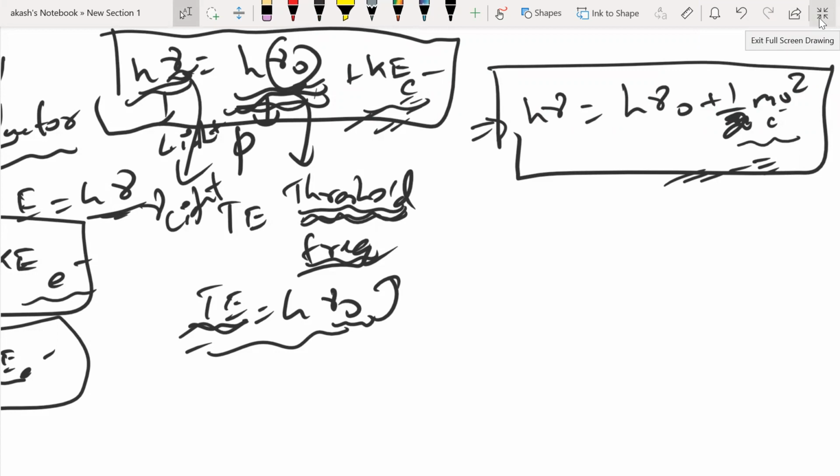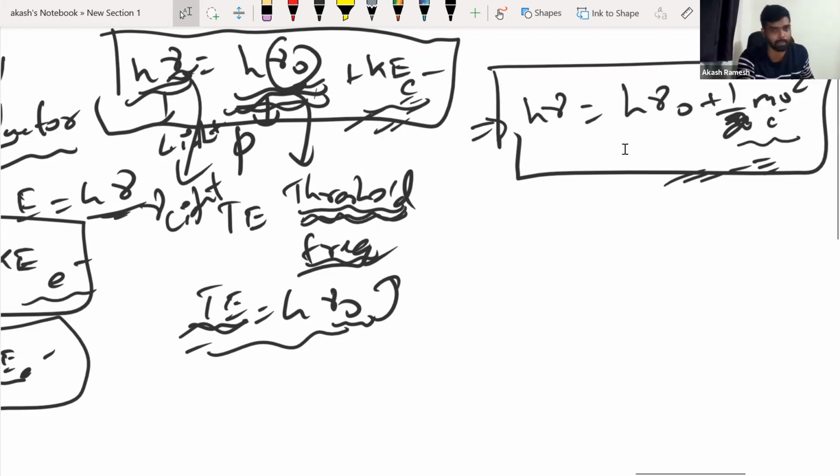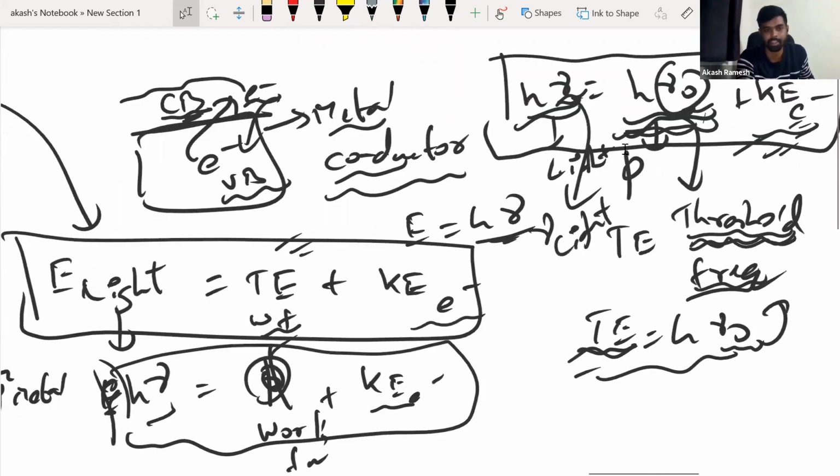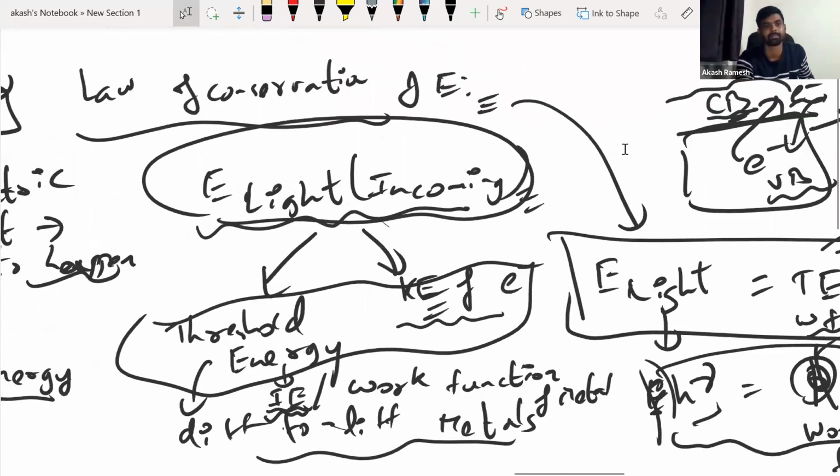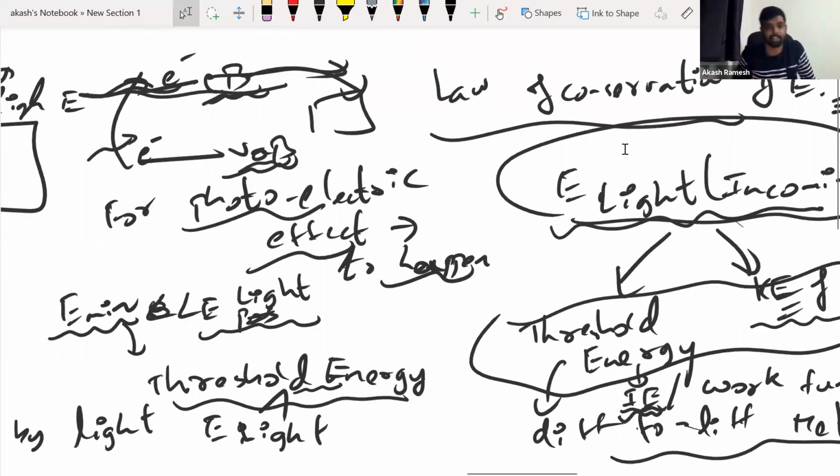Sir, could you give a definition for the photoelectric effect? Yeah, sure, I can give you. Please take it down. Okay, everybody can take down the photoelectric effect definition.